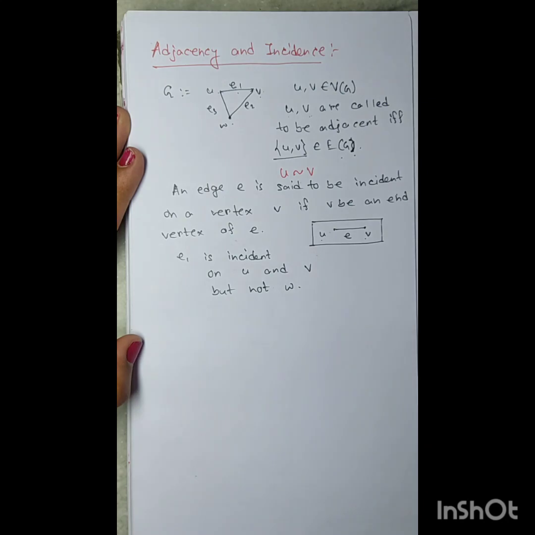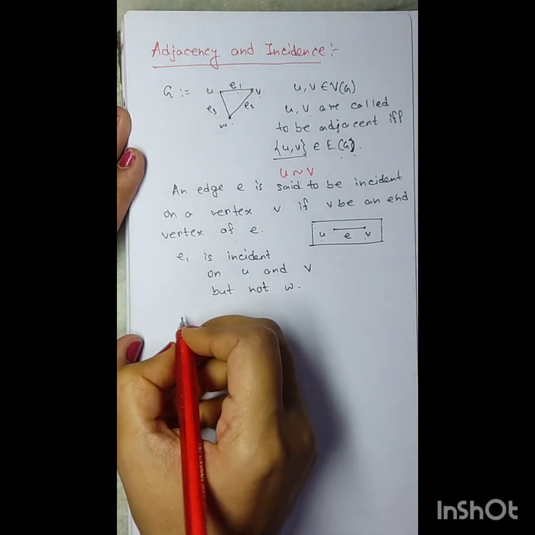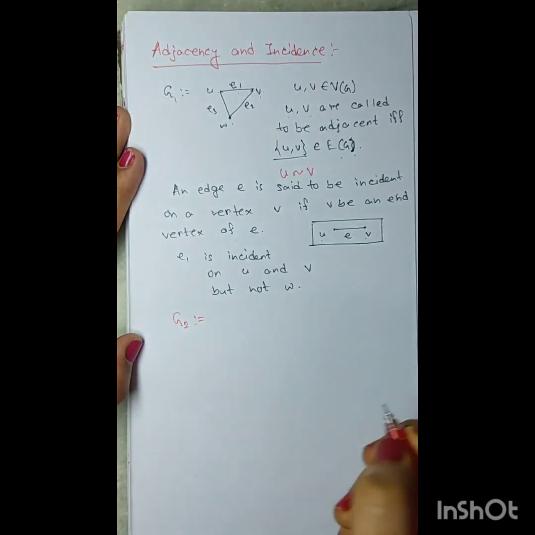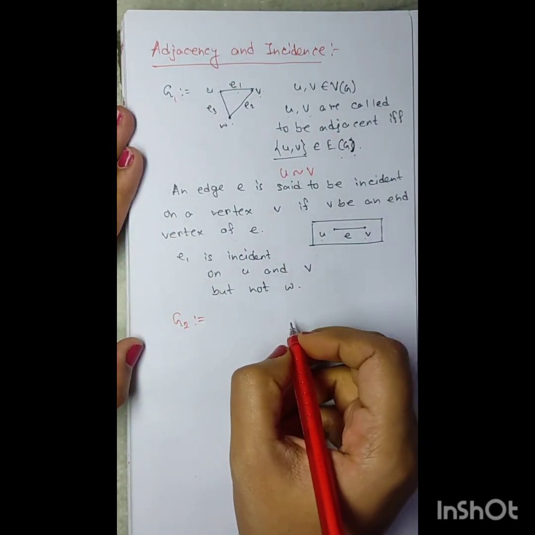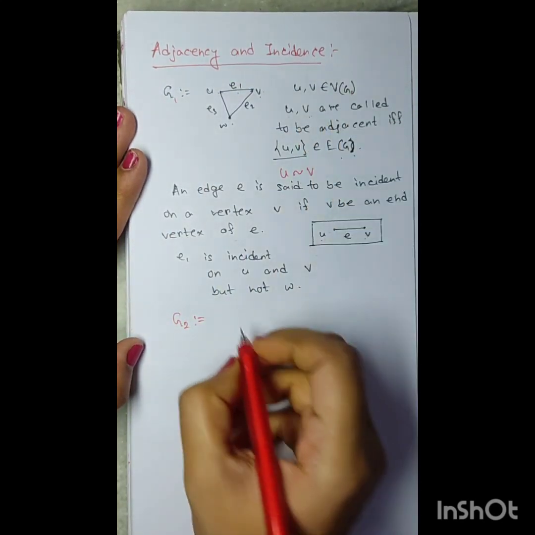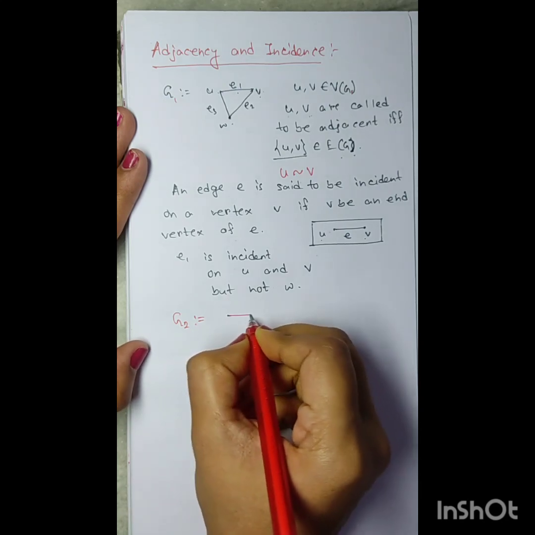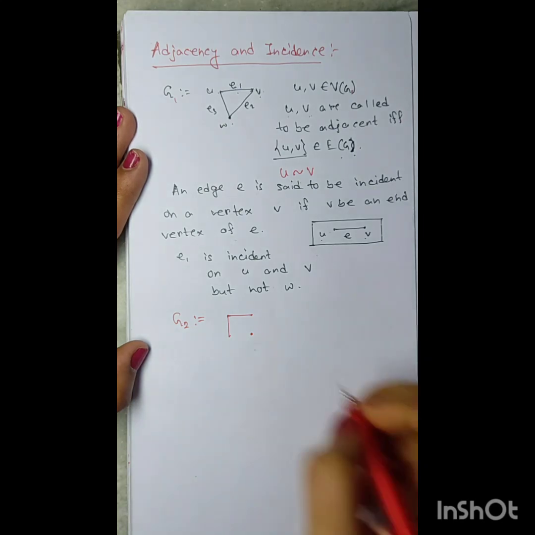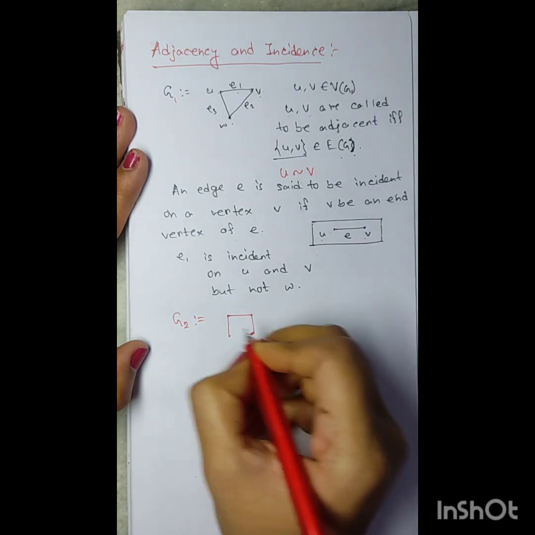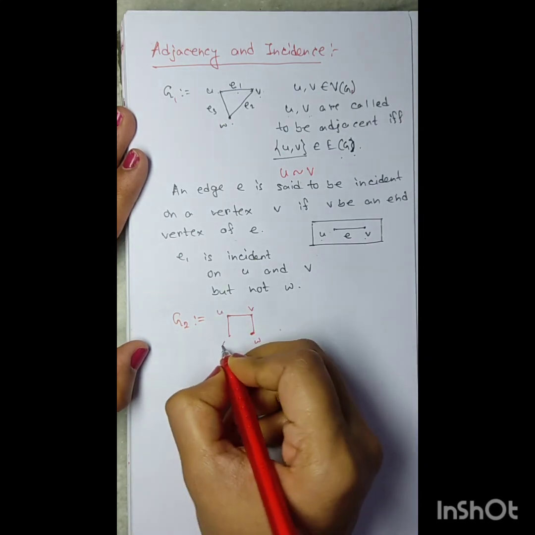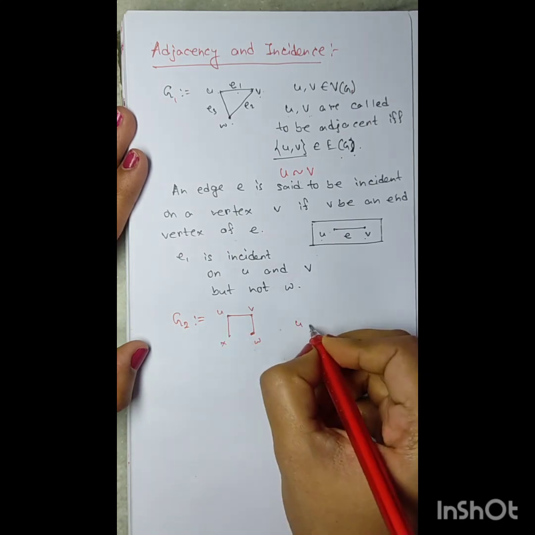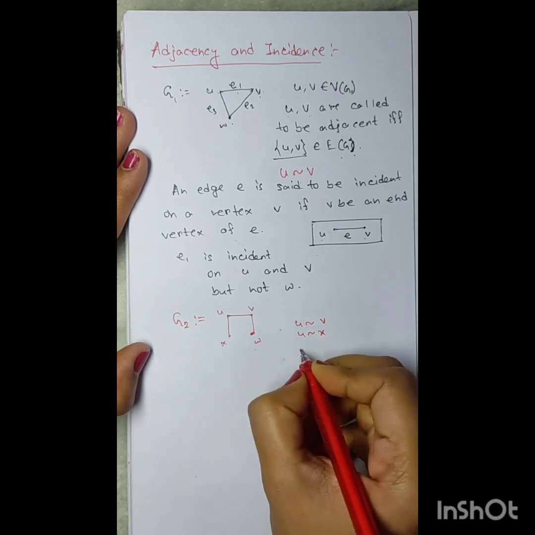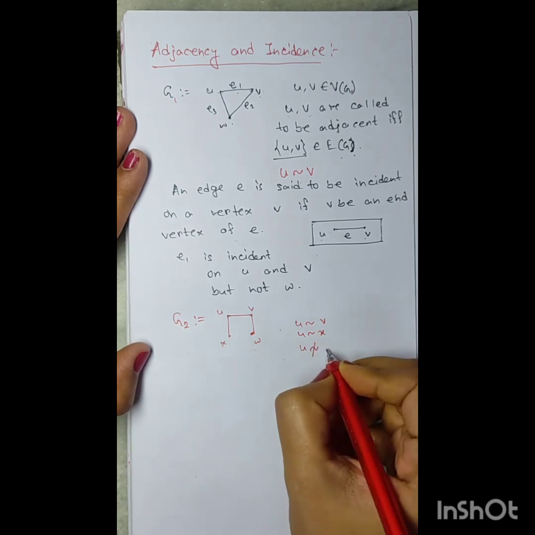Now we can consider another example. Let's say g1 is this, and now we will consider another example, g2. Let's say this one, with vertices u, v, w and x. So here u is adjacent to v, u is adjacent to x, but u is not adjacent to w.